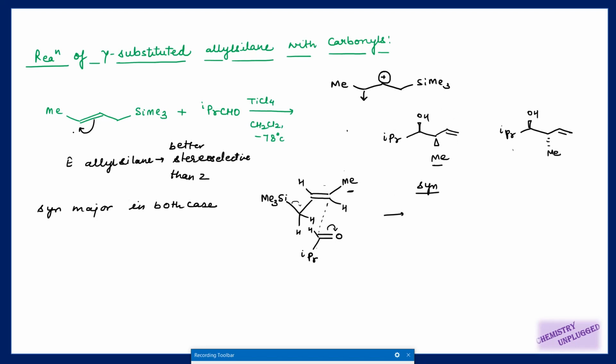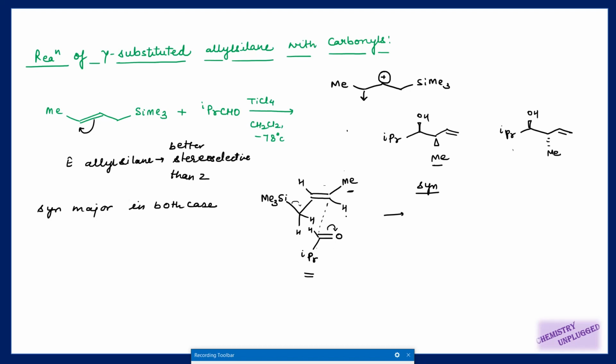Either we have an E alkene or a Z alkene, we always have to place these double bonds like this. The trimethylsilyl group will go away from this cavity. These two hydrogens should be close to each other and the group attached here will go away from this cavity to avoid hindrance.